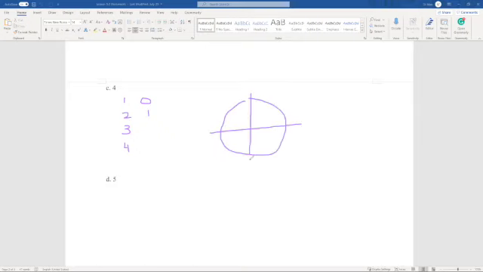Like handshakes, it's basically where they meet. One intersection is basically one handshake. We can say it like that. And so for C, you get 6 sections, because 4 times 3 divided by 2 is 6.